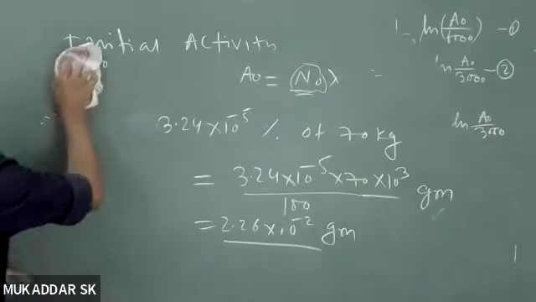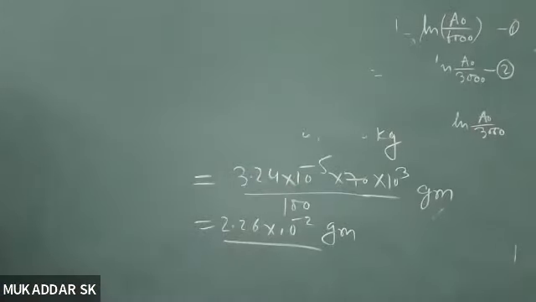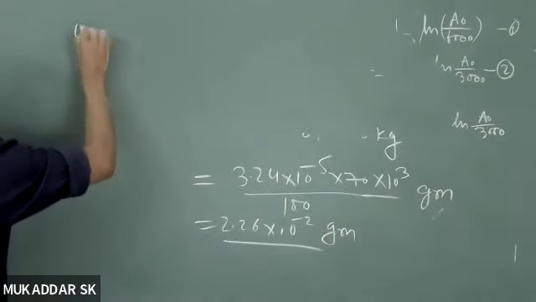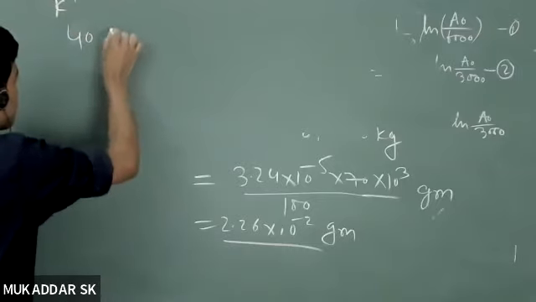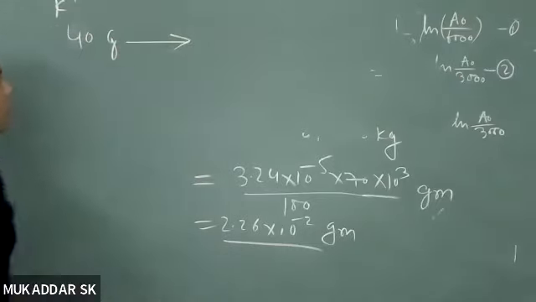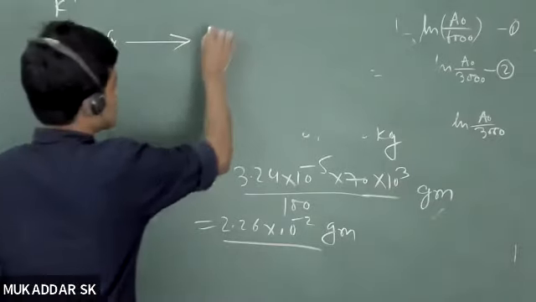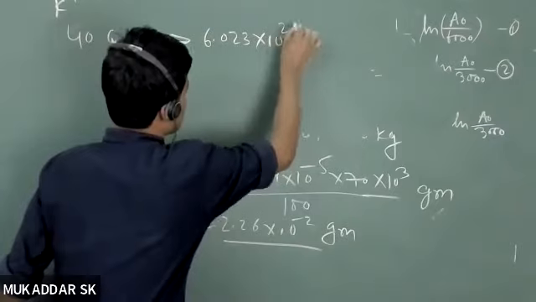So now if I apply that molar concept, the mass number of K40 was 40, right? So 40 gram of potassium will have 6.023 into 10 to the power 23 nuclei.